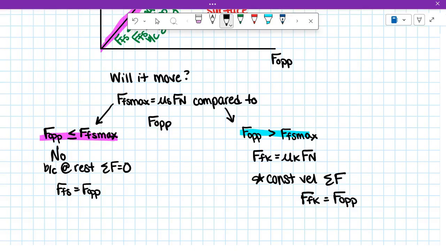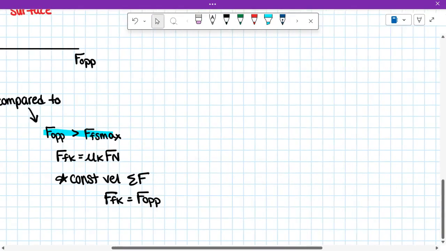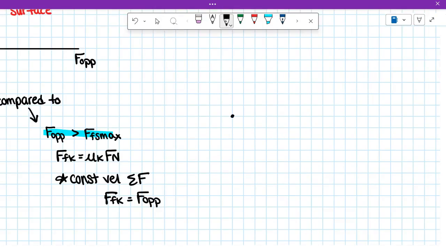Remember that the force of kinetic friction is also the only force that tells us what direction an object is moving based on a free body diagram. Okay. For instance, let's say we have a situation that looks like this, where F1 and F2 are applied forces, right?